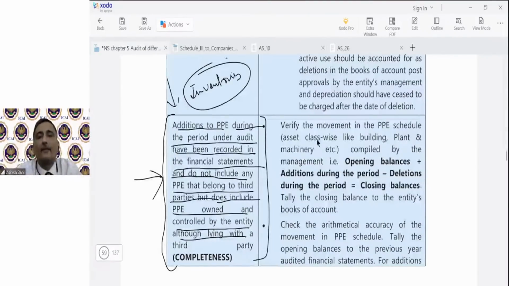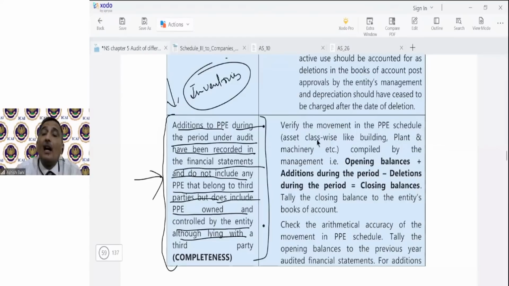PPE items. So students, like it may happen that say at the end of year the company has sent some of its machinery for say repair to some repairer. So now who is the owner of that machinery? The company is the owner.